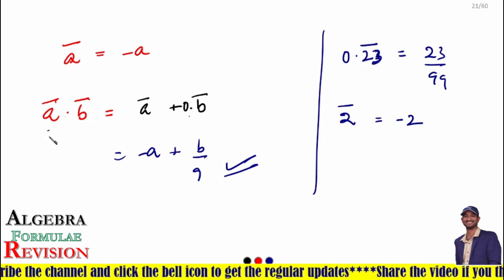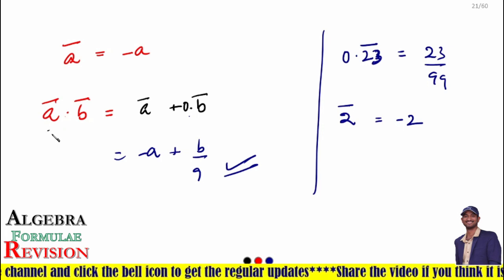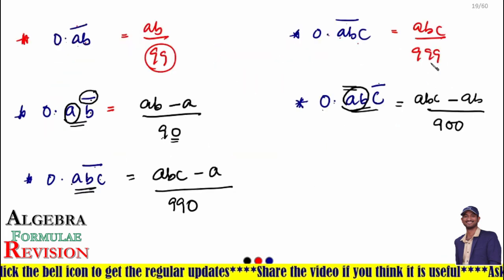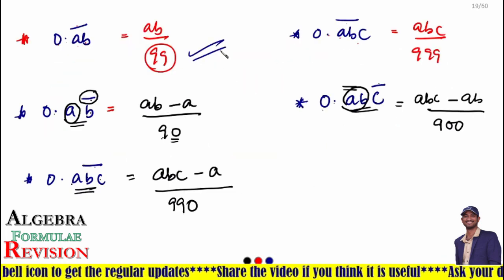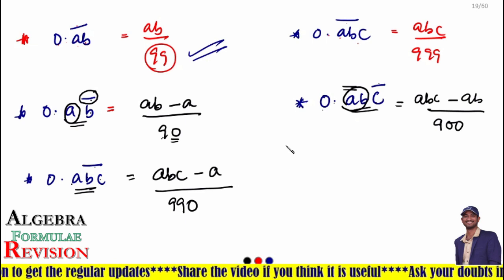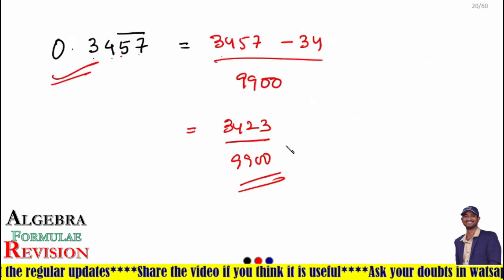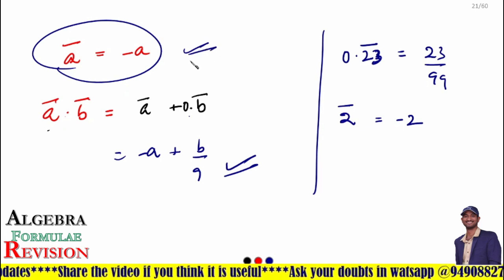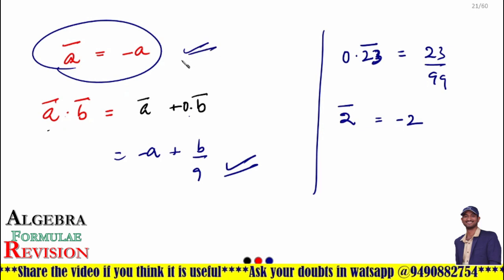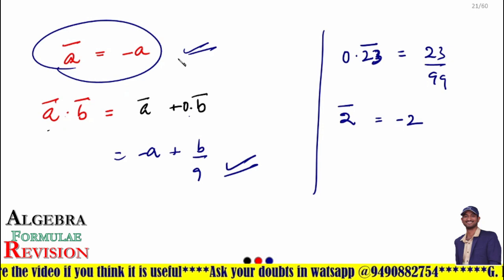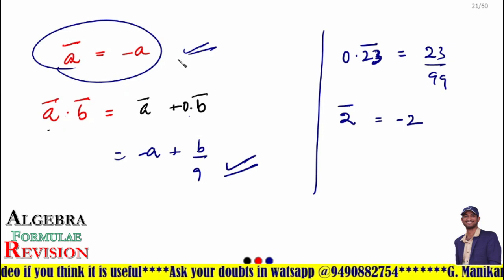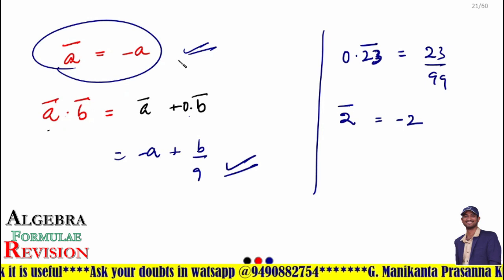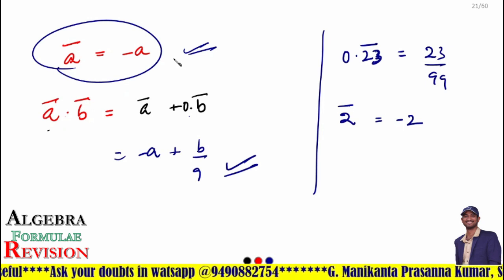If after the decimal you have a bar, then you can easily write it in this format. Without a decimal, if you have a bar, remember A bar means minus A. Okay, this is about simplifications: one is BODMAS, and the next point is conversion of non-terminating and recurring decimals to rational numbers.